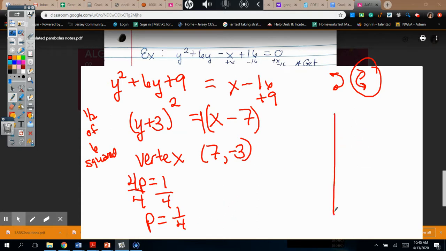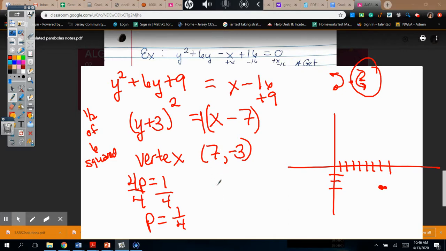So we go to the sketch, 7, -3. And this time I'm going to go left to right because I need to put the focus on the inside of the vertex. So from here, I'm going to go over 1/4, and it's going to be real close to where I was.